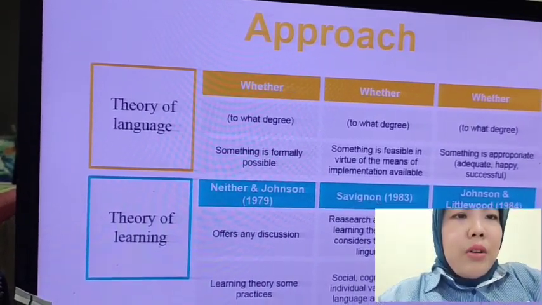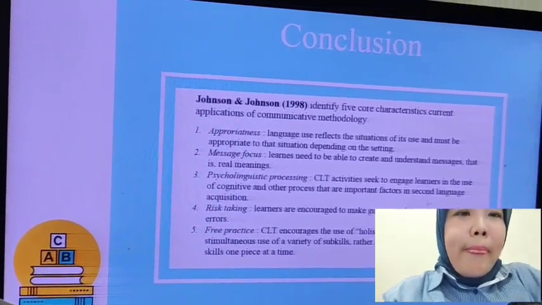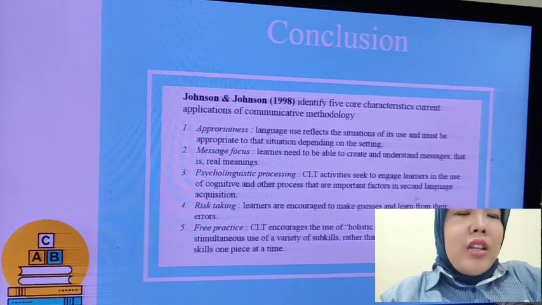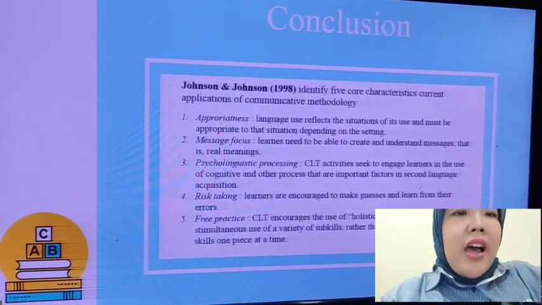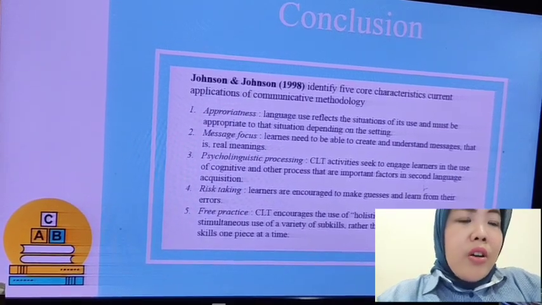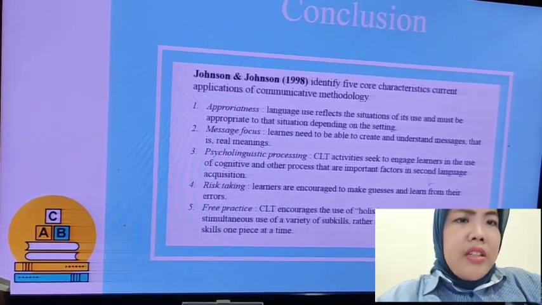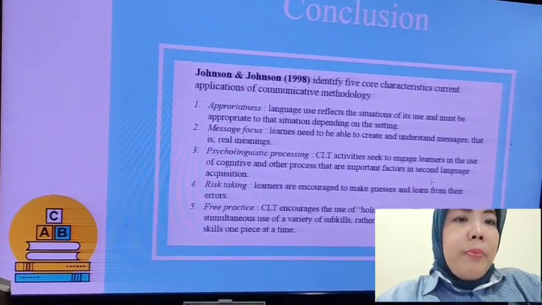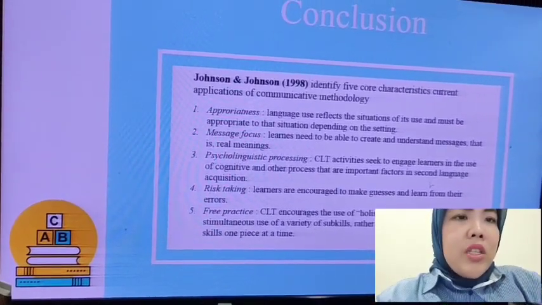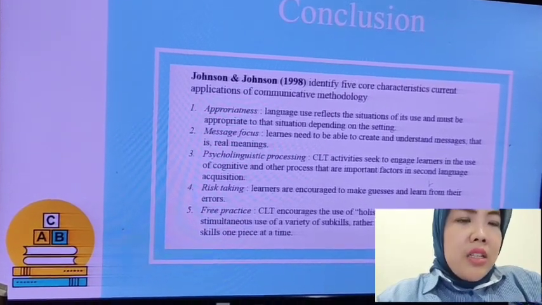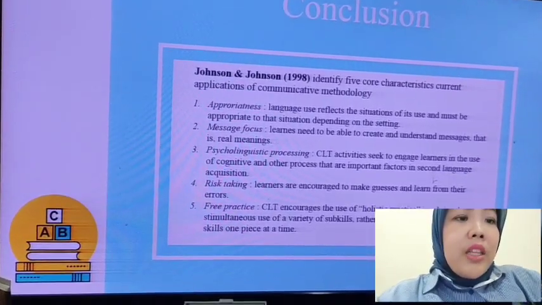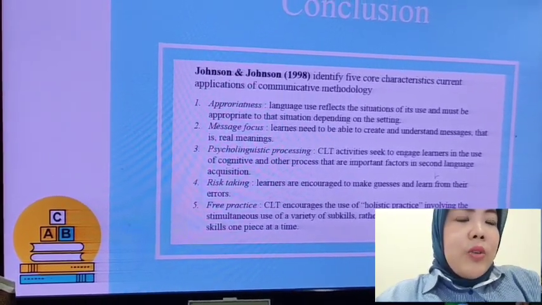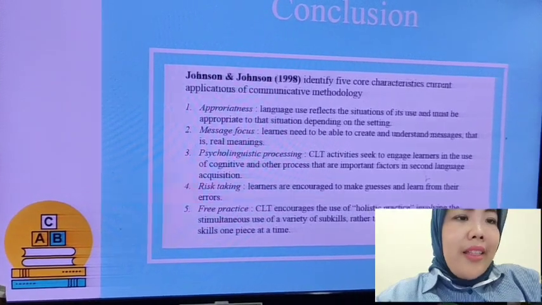And the next, this PPT discusses the conclusion. Based on Johnson and Johnson in 1998, there are 5 core characteristics of the current application of communicative methodology. The first, appropriateness. It means language use reflects the situation of its use and must be appropriate in the situation, depending on the setting.